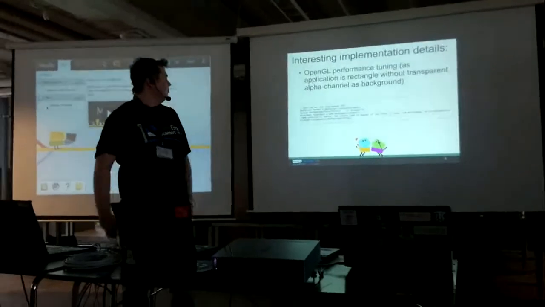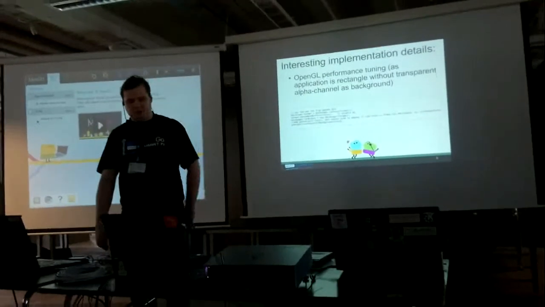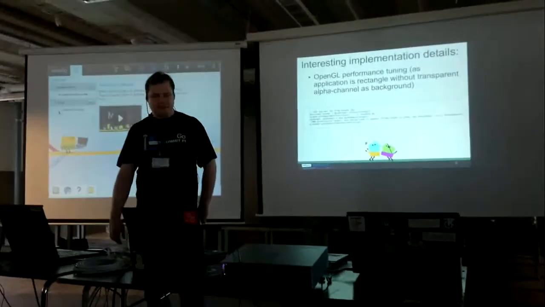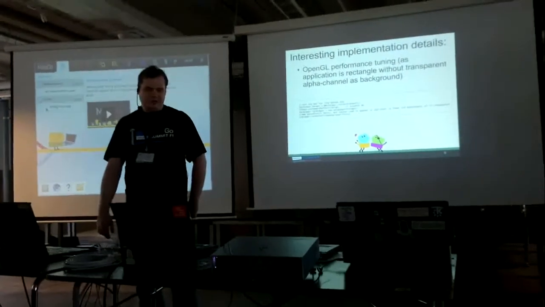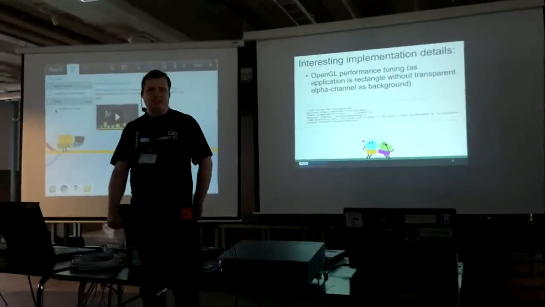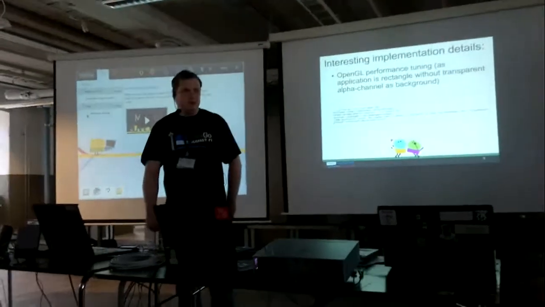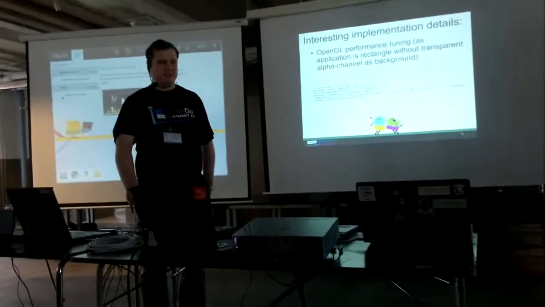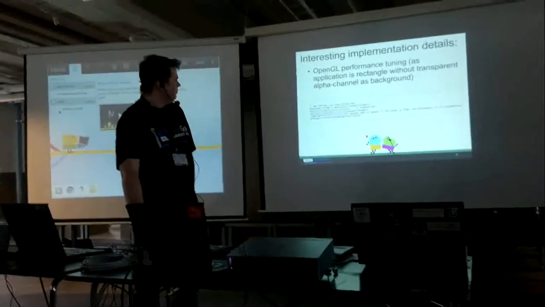Then I did some OpenGL ES performance tuning. My application is rectangular and it's not transparent, so I can do a bit of tweaking, which gives me a couple more FPS on the target hardware. All these source codes will be available in the wiki pages, or actually are there already.